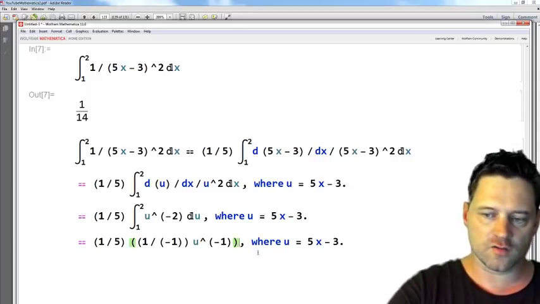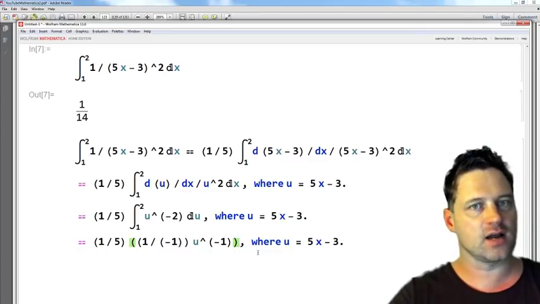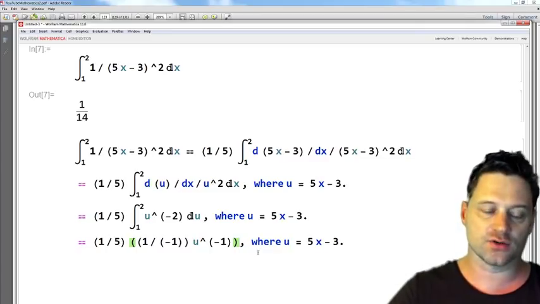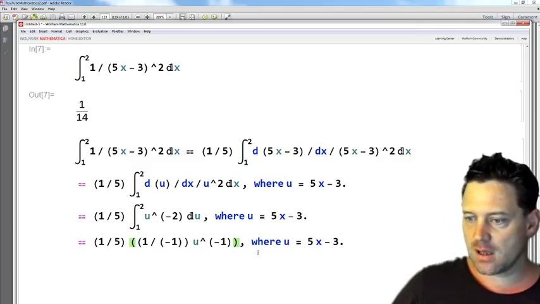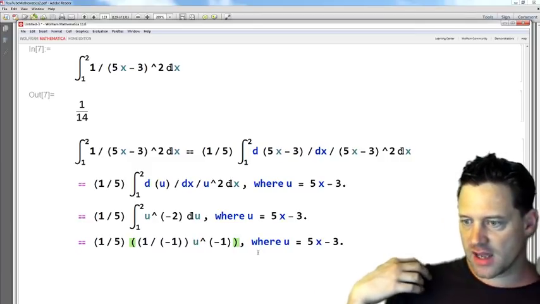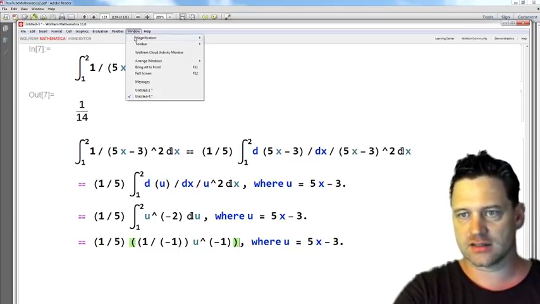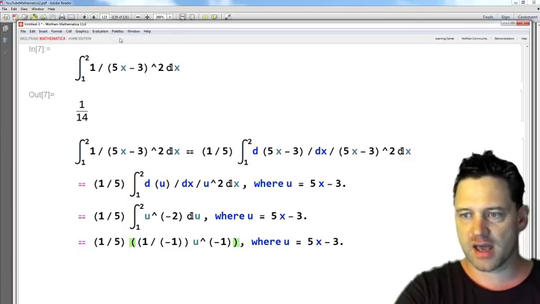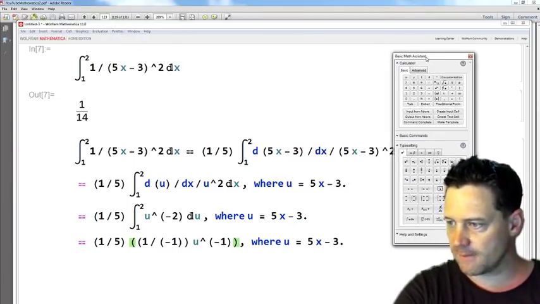And then over here on the right, once we've performed the integral and we want to evaluate between 1 and 2, you'd usually draw a square bracket around that. Let's see if I can find the appropriate notation in the palettes. Palettes, Basic Math Assistant, and I'll just have a look and see what we see.